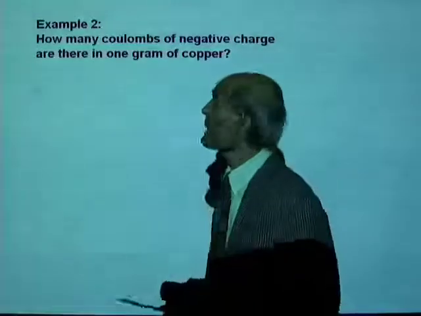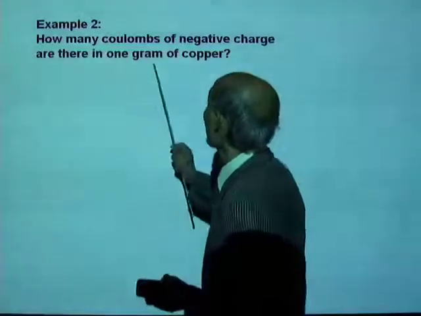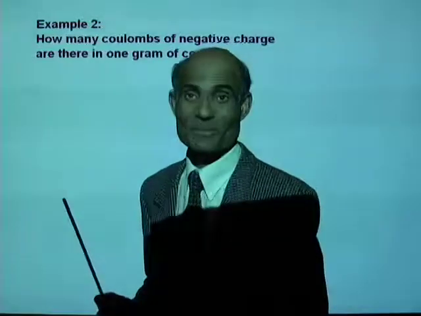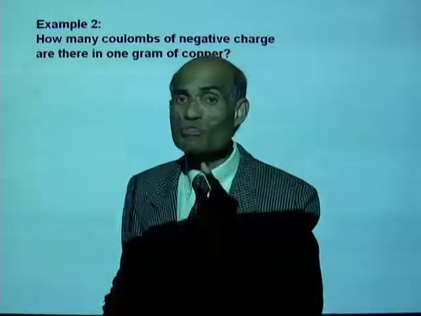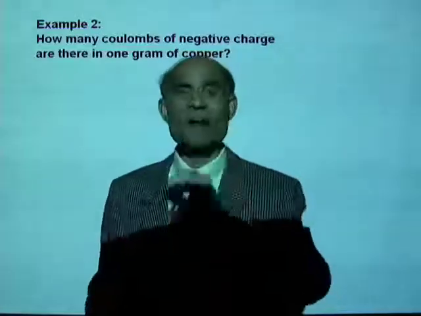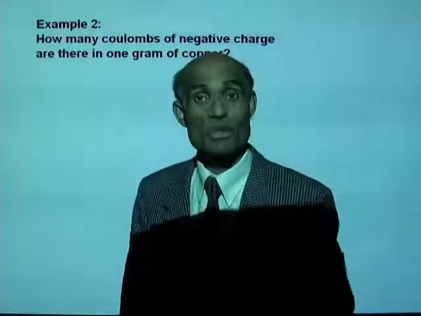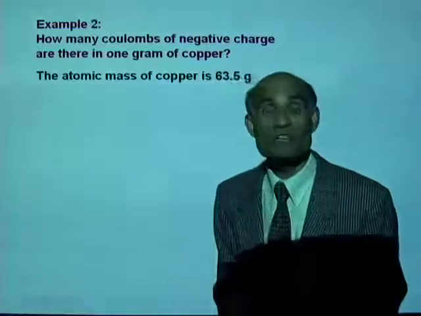Next problem. How many coulombs of negative charge are there in 1 gram of copper? Well, for 1 gram of copper, we need to know how many atoms are there. How do you know? Well, we know it from the atomic mass of copper.